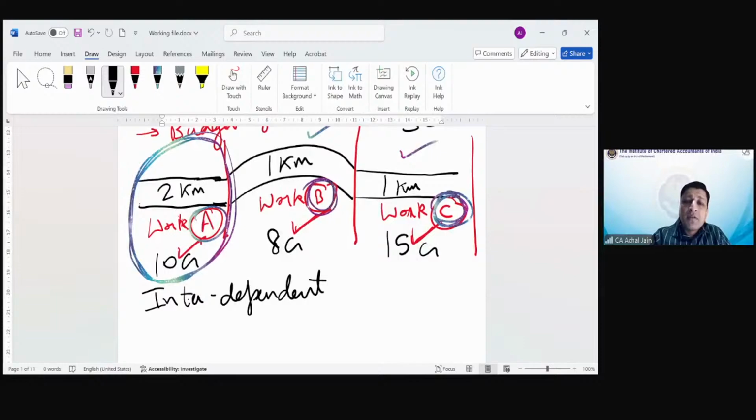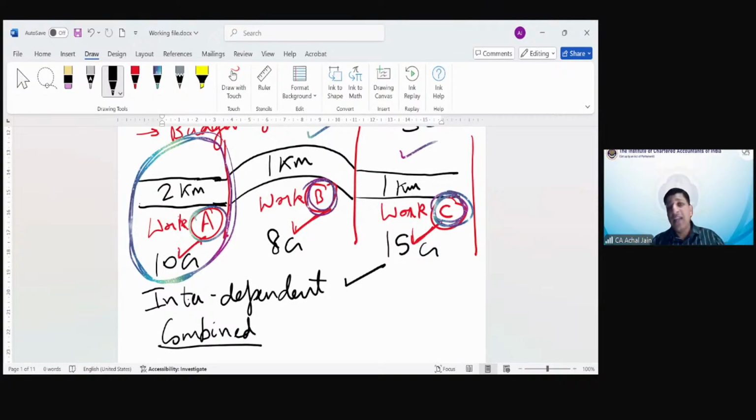Instead, the moment we say these are interdependent, interlinked, A Limited will have to combine all of these three contracts. So even if there are three separate signed legal contracts, they will be required to be combined.